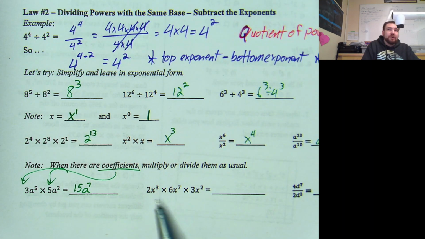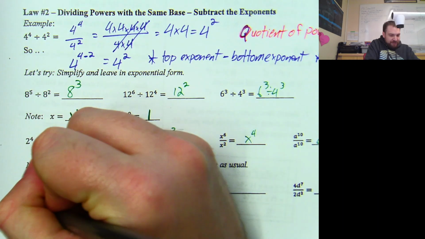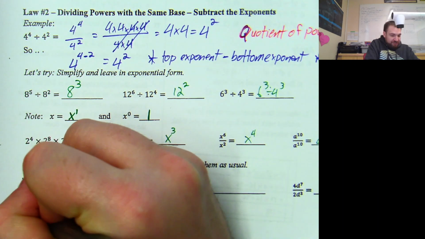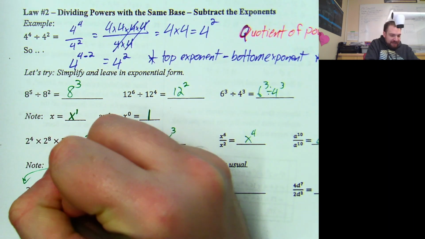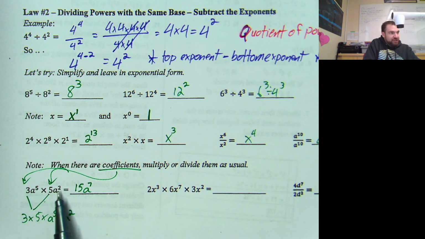What's this next one? Are we cool? Carolyn's correct. Do we all understand why? Does anyone need me to blow this up or slow it down further? We're cool? Yeah, happily. So I would take this, I go 3. I can rewrite this as 3 times 5 times a to the 5 times a squared, because it's all just multiplication.